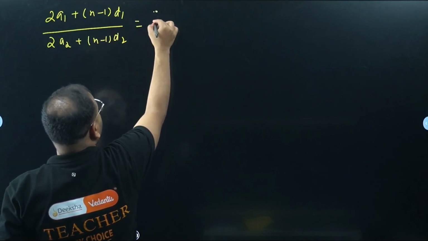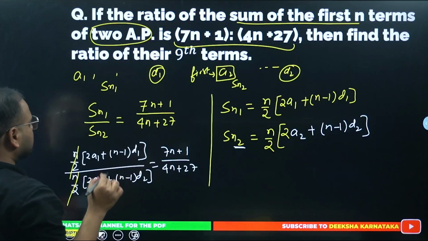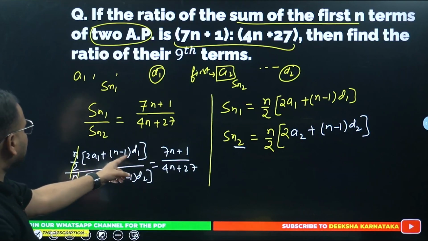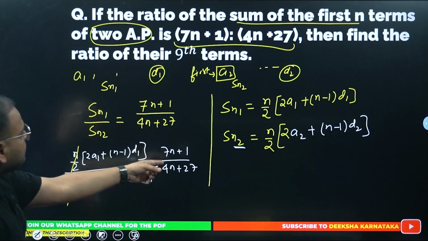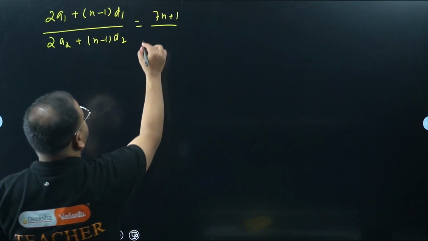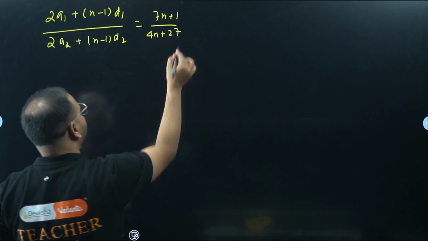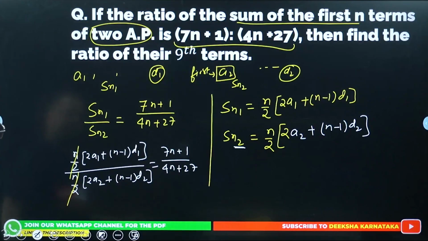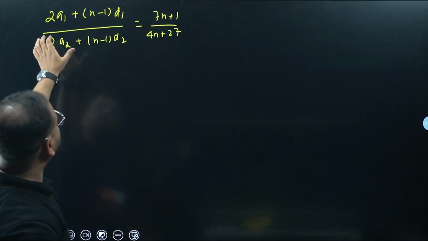This is equal to 7n plus 1 and 4n plus 27. Please cross check if I am not making any mistake. I hope I have not made any mistake. Yes, it's right.